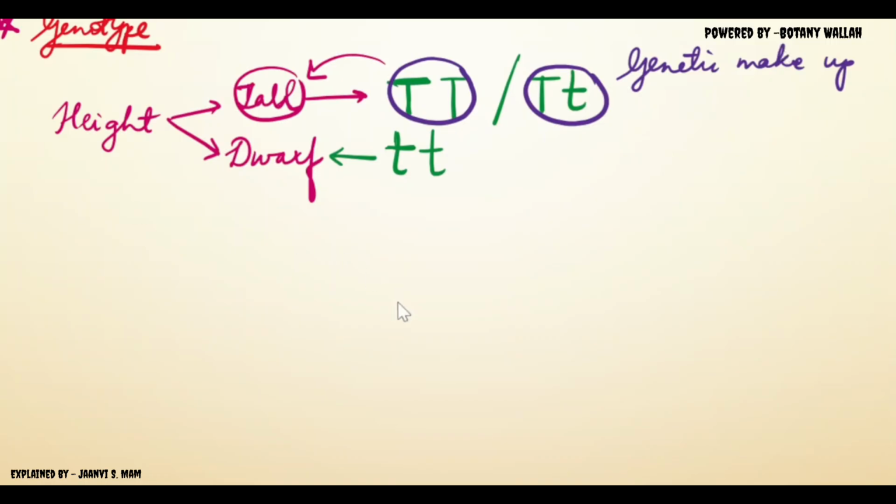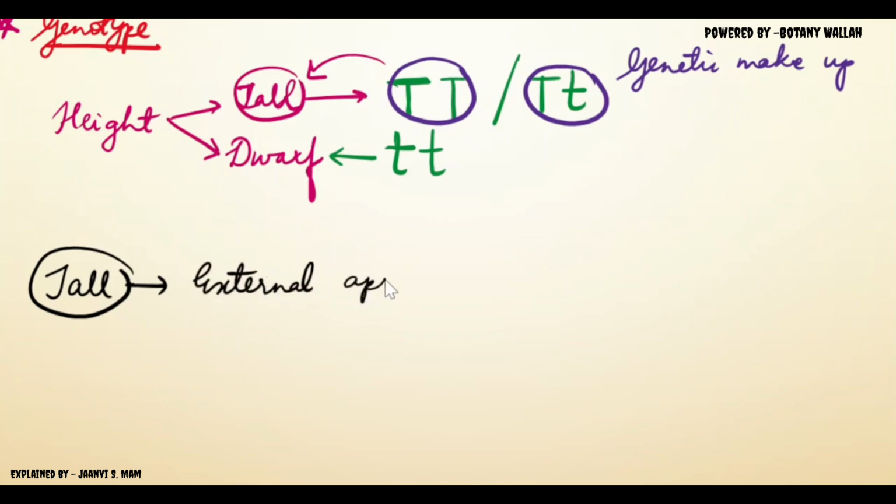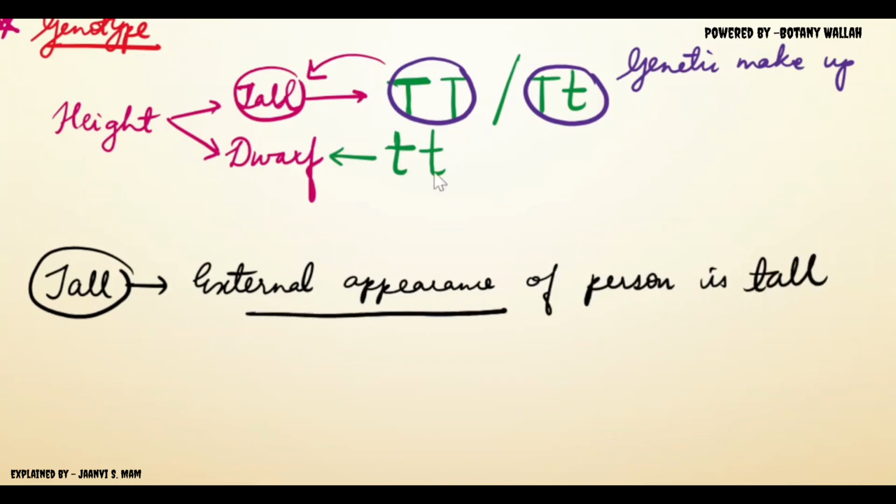But what if I say there is a person who is very tall? I am expressing its morphology, the external appearance of that person. I am saying the external appearance of the person is tall. This appearance is known as phenotype.